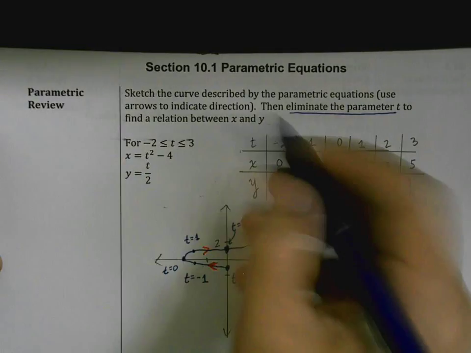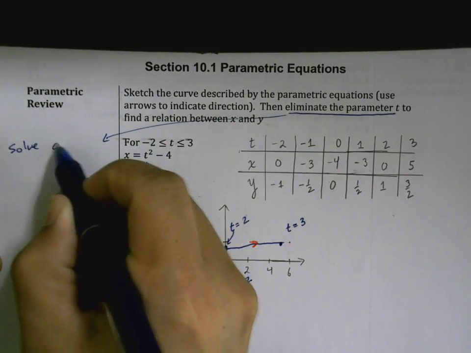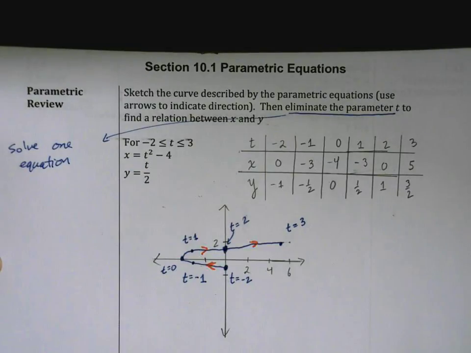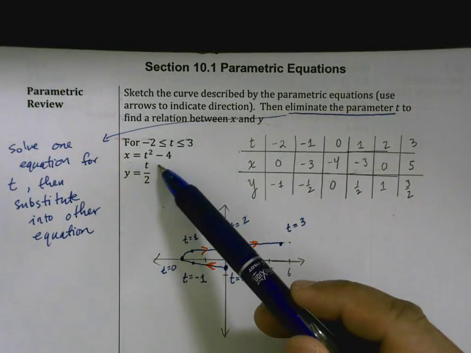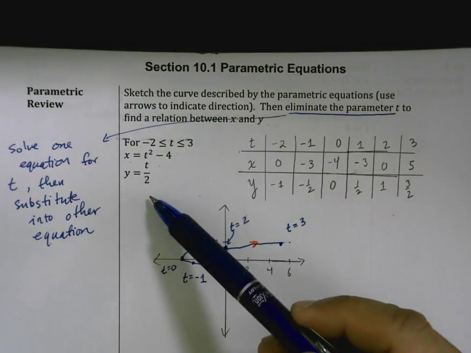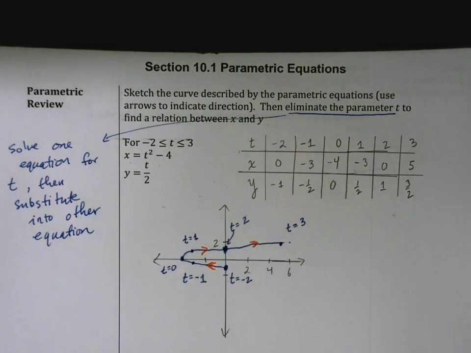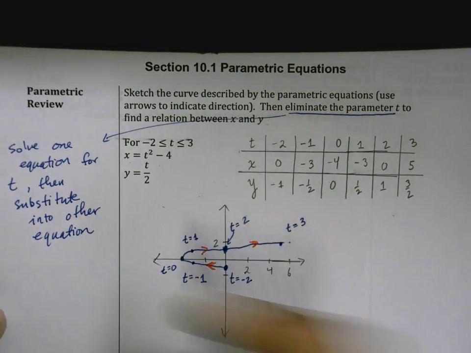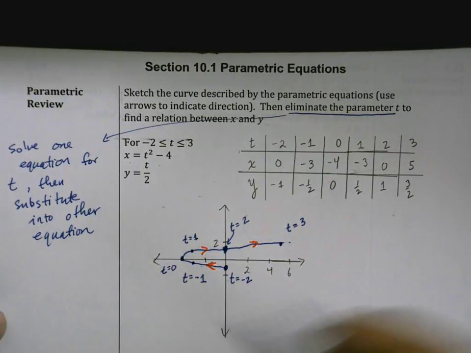And the idea behind eliminating the parameter is to solve one equation for t and then substitute into the other. Okay. So we have 2 equations here, one relating x and t, and one relating y and t. You solve one of them for t, and then substitute it into the other. So I'm just going to write it over here. And in this case, I'm going to solve the y equation because that looks a little bit simpler.